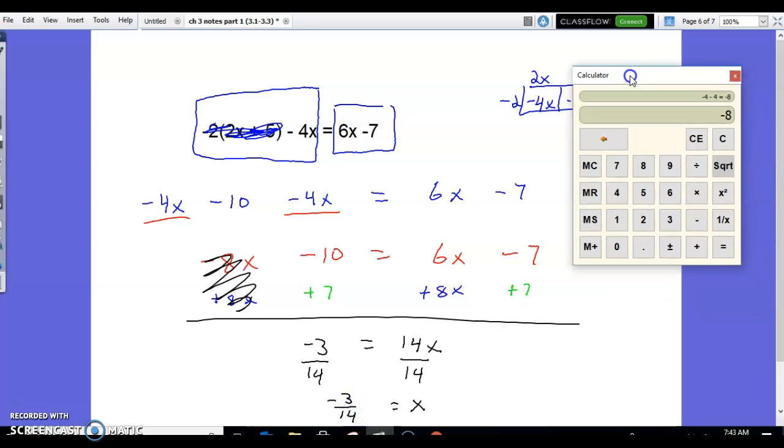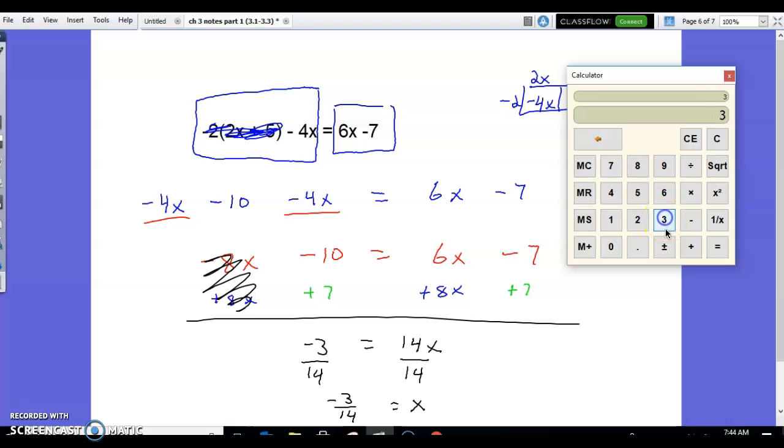If you want to change that to a decimal, 3 divided by 14, you could do that as well, negative 0.21, and then it goes on. I like just leaving it as a fraction. So essentially this is your final answer, but just show that it equals x.